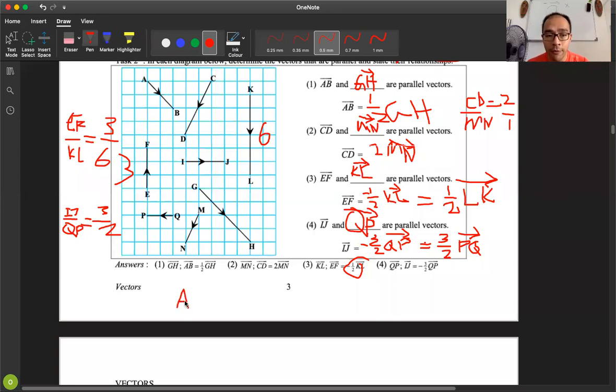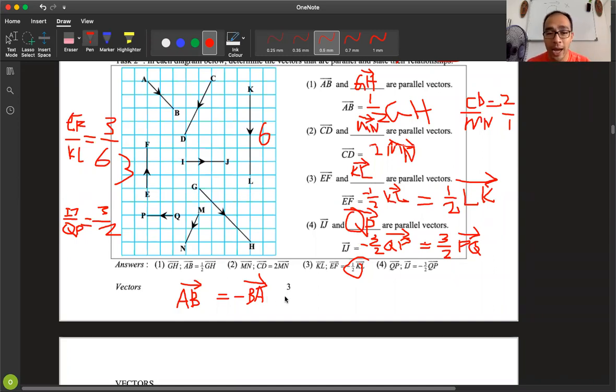If you have a vector from point A to point B, and I change over to B to A, it becomes negative vector B to A, because saya ubah dia punya arah sudah. Which is why I said the vector arrow at the top of the big letters can never be to the left.